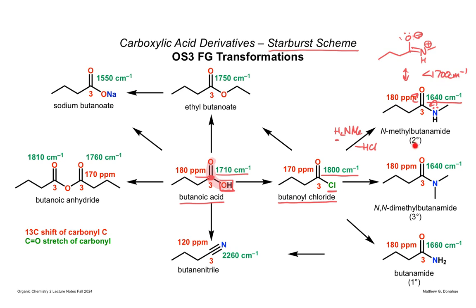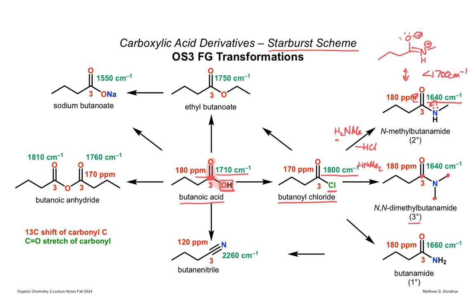And this is a secondary amide because the nitrogen has two carbonyl substituents. You can make a tertiary amide if you were going to use dimethylamine now, so HNMe2. And so this is now tertiary because you have 1, 2, 3 carbons.